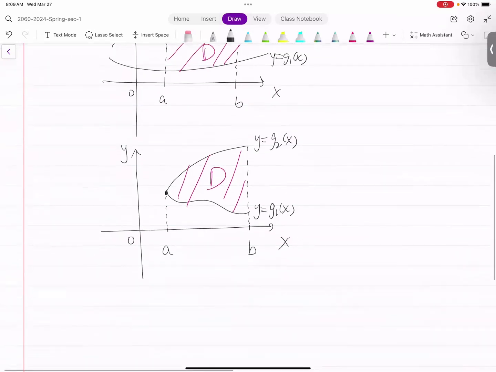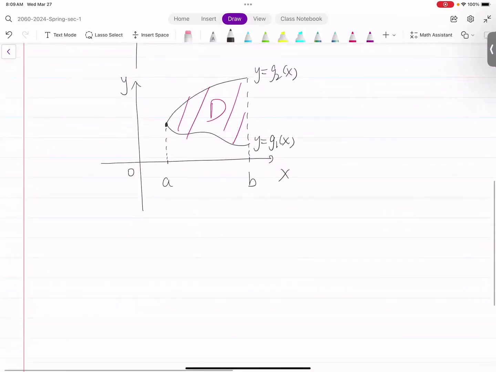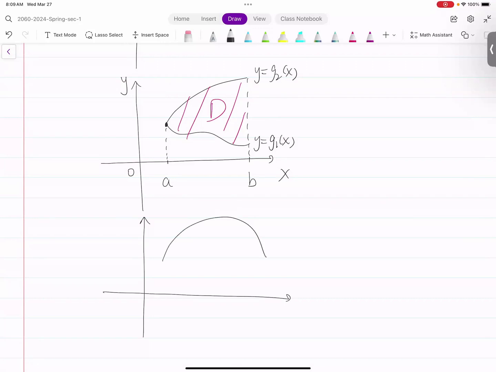And now the right-hand side could also be a single point. So it could be something like this, and stops here.